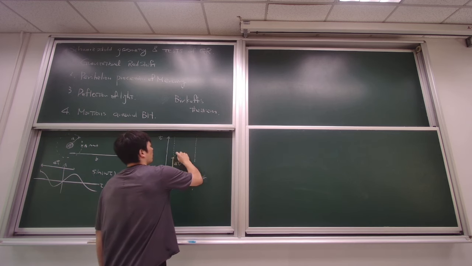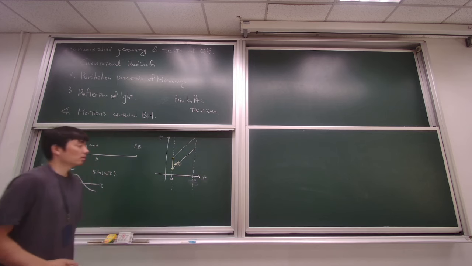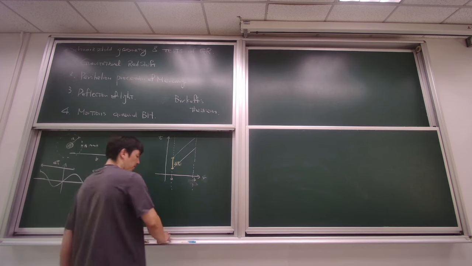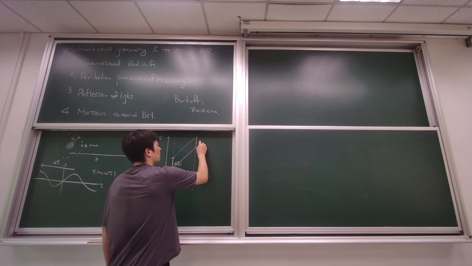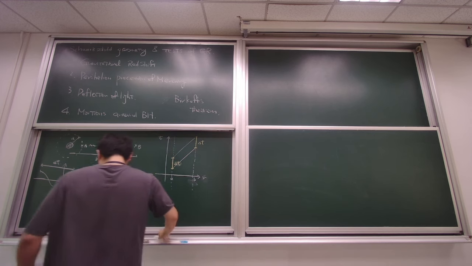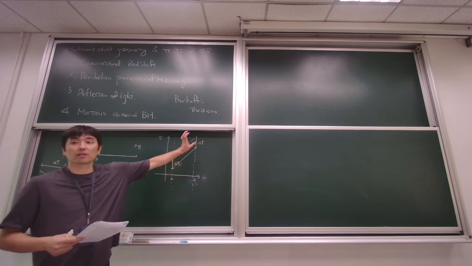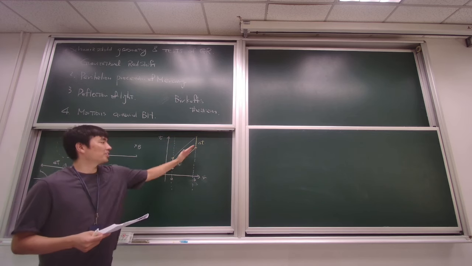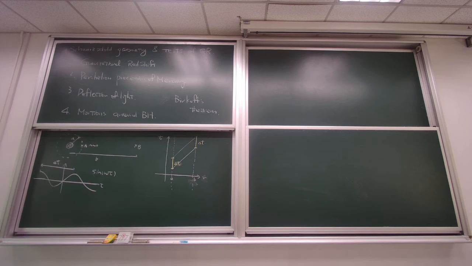But here, the light travels with the speed of light, and observer B will receive the same. So this distance should be the same because the speed of light does not change; it's the same world line. The world line of the light goes this way.